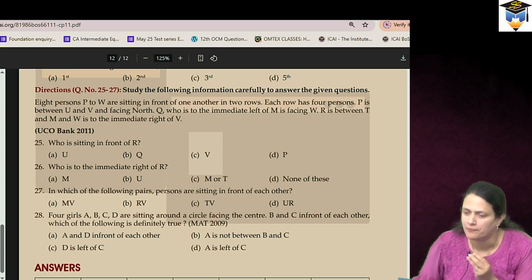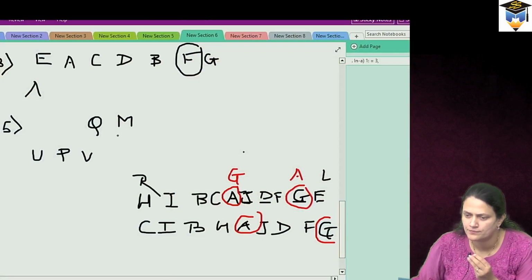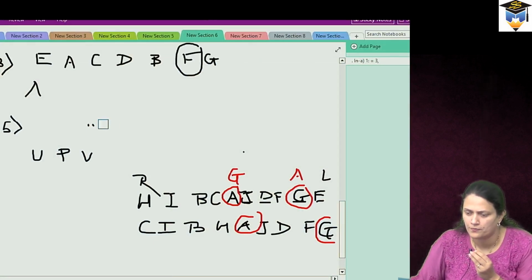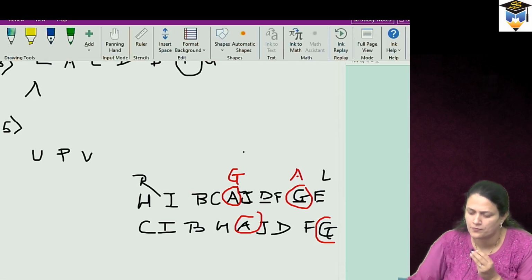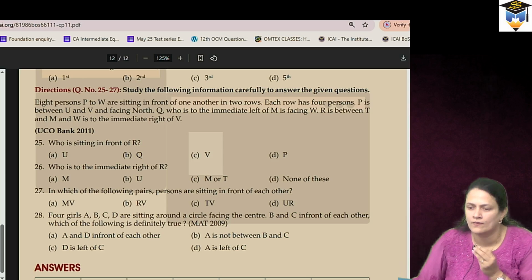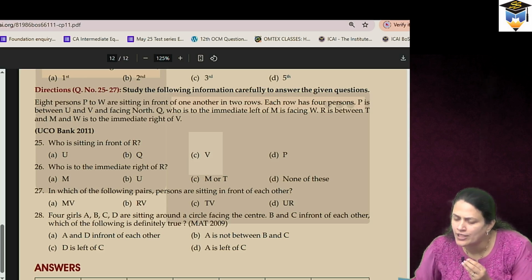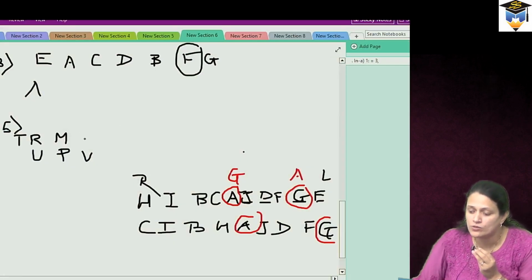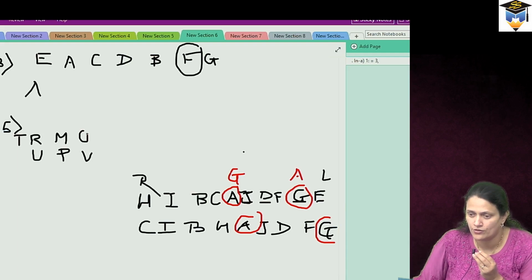R is between T and M. W is to the immediate right of V. So Q is over here.